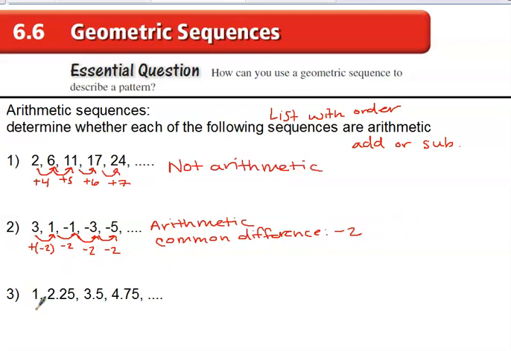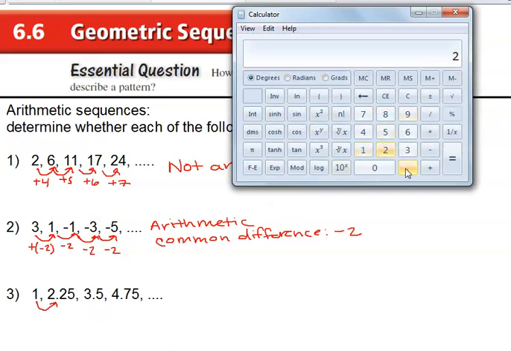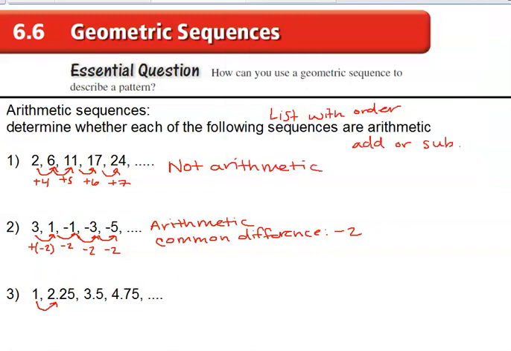To get from 1 to 2.25, if you're not sure, we can always subtract going backwards. So if I pull up a calculator, 2.25 minus 1 is 1.25. So if I subtract backwards, that tells me that I add 1.25 to go from 1 to 2.25.